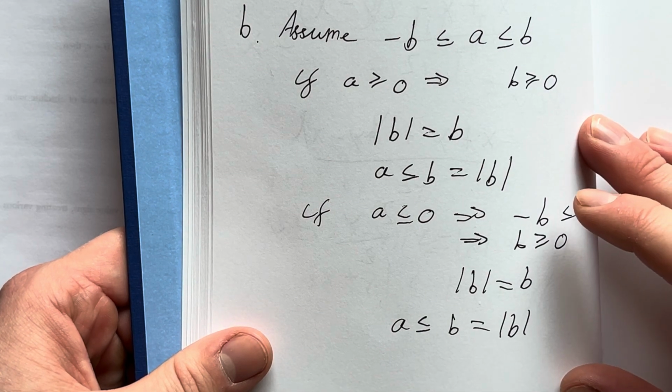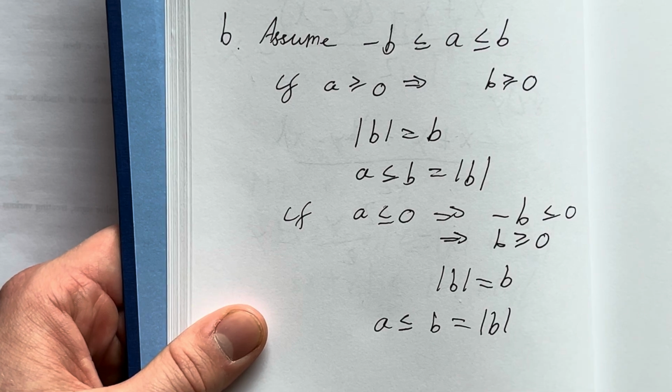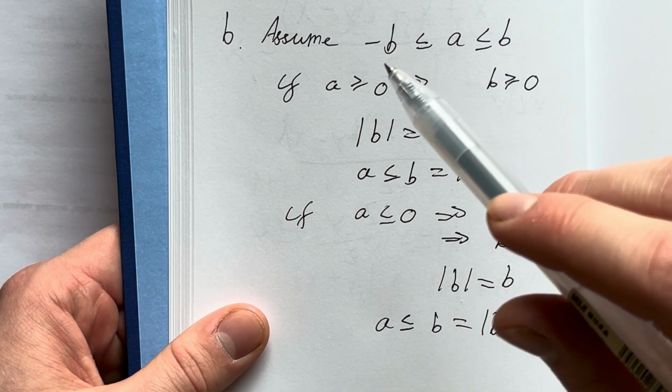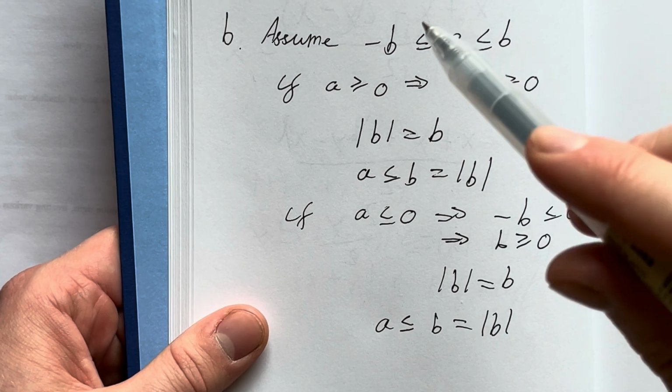Because as you know, if it's if and only if, it means that the first one implies the second one, and the second one implies the first one.